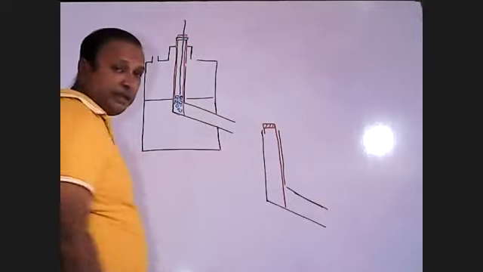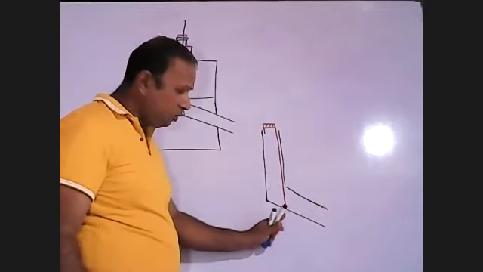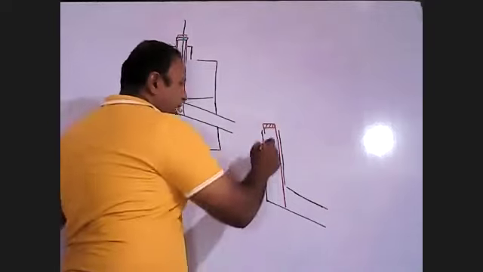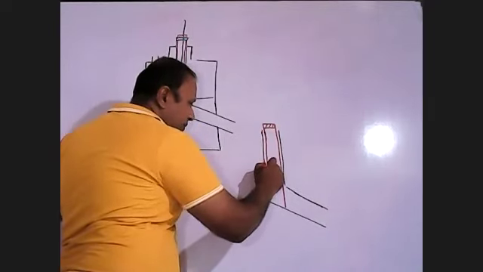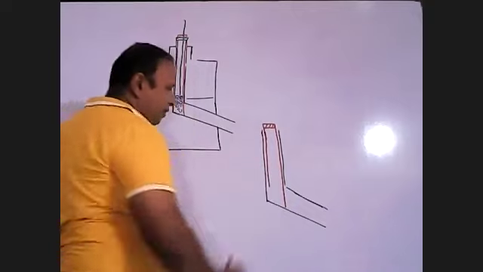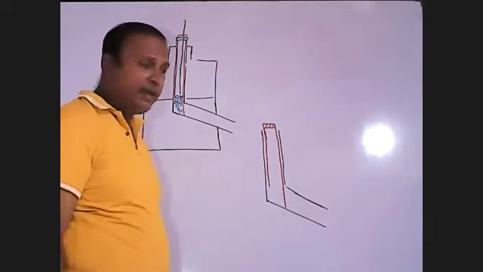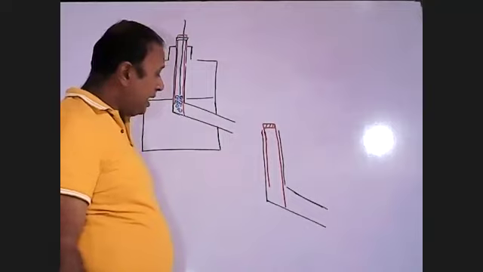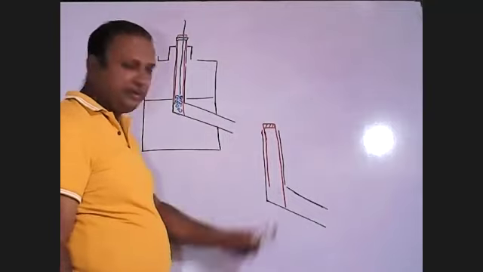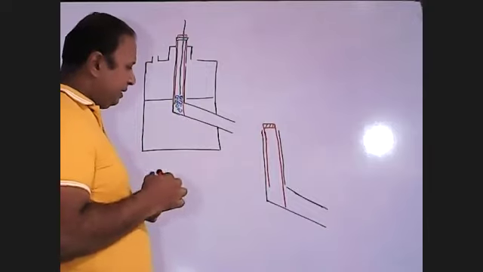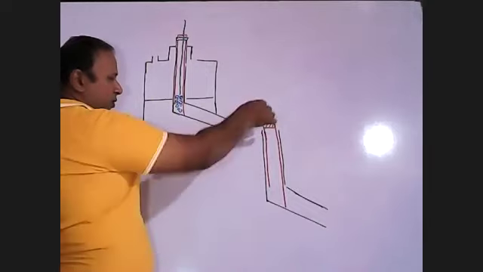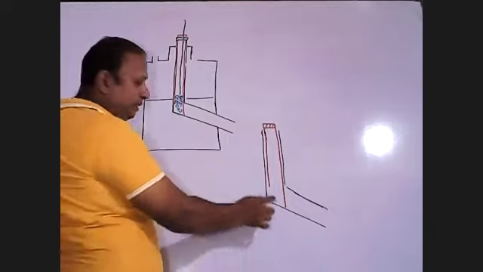One side of that tube is connected to this level, and the other side will be a shorter one. It will be a short one, and there's an open here. Then first you have to keep the inner tube like this.